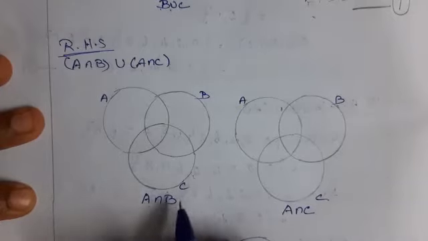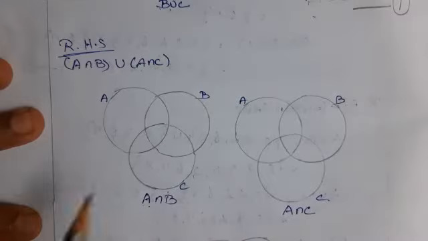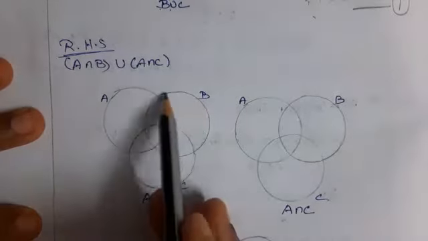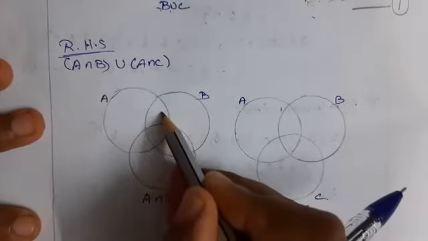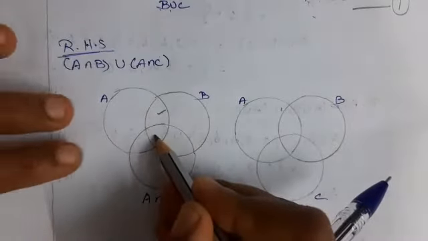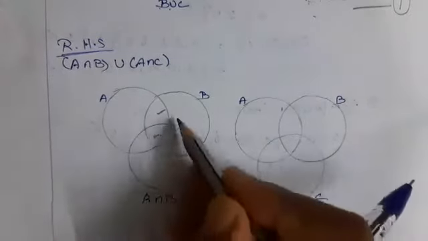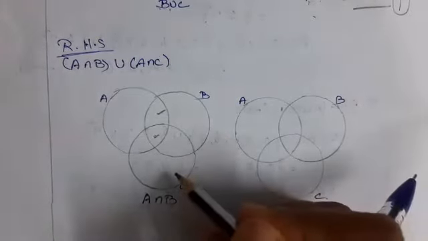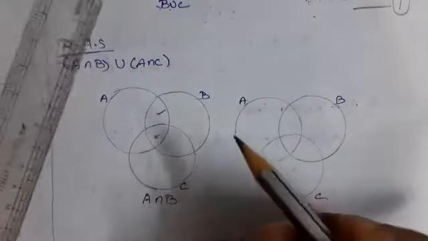You must shade the common portion of A and B. See the circle A. See the circle B. See the portion here only A. Here A and B. Here only A. Here only B. Therefore, the common portion of A and B is only these 2 parts. Therefore, shade these 2.